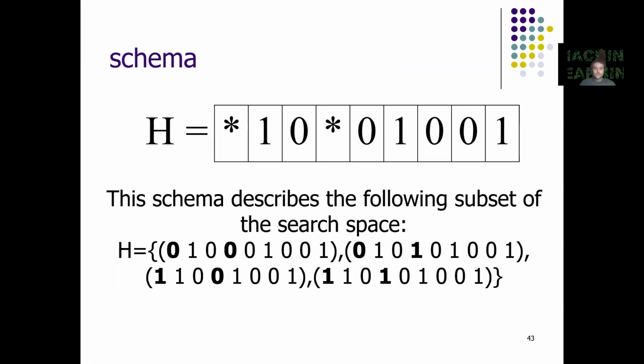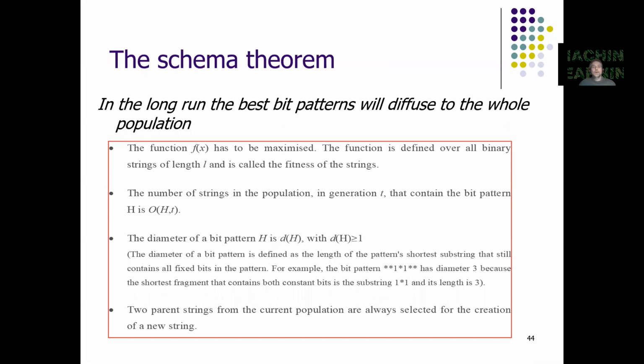I hope it's clear. And Holland introduced the schema theorem, which basically proves that in the long run, the best patterns will diffuse to the whole population. I'm not going to present the theorem in detail. It considers a function that has to be minimized, and then we generate strings.